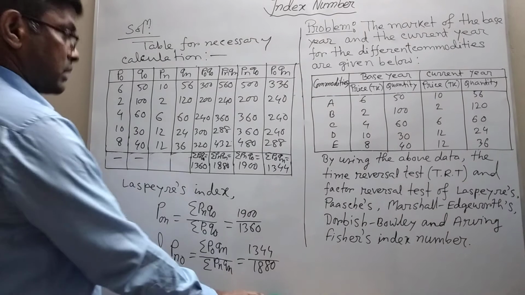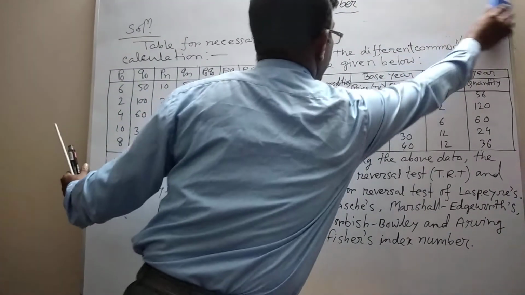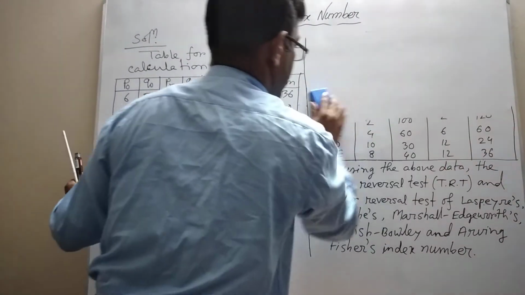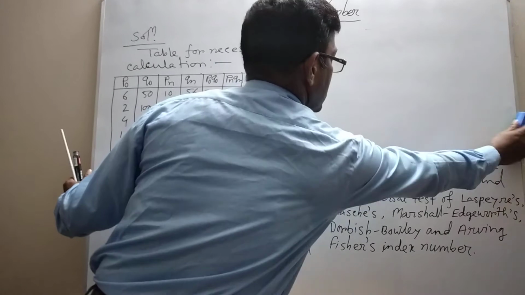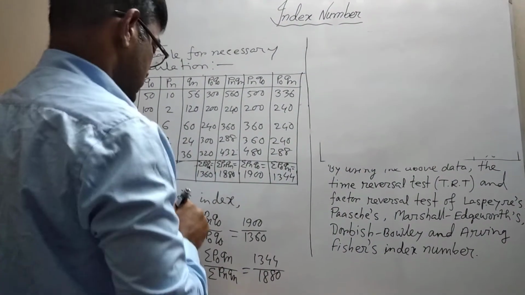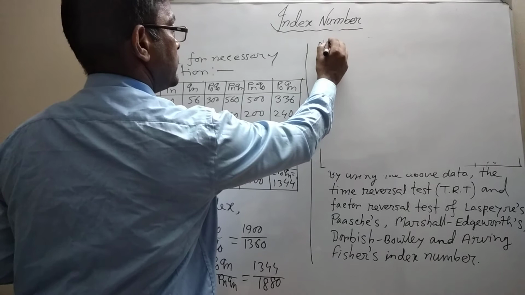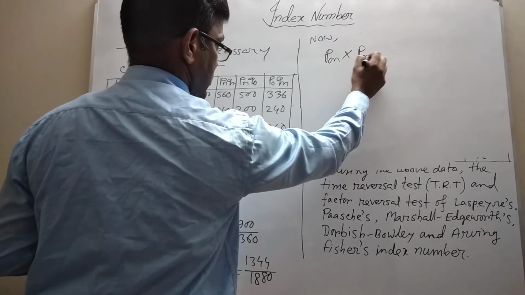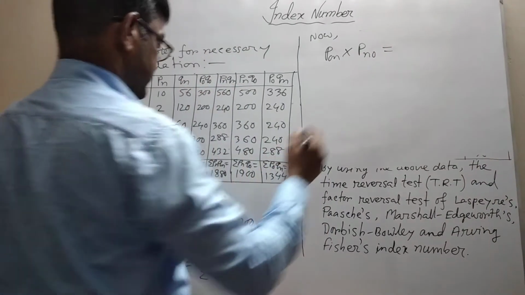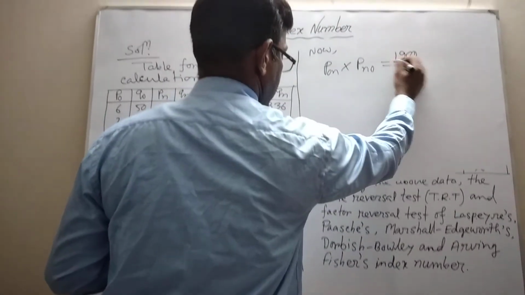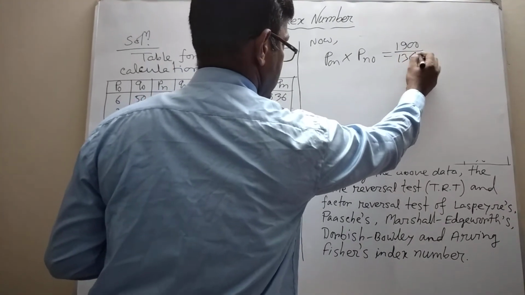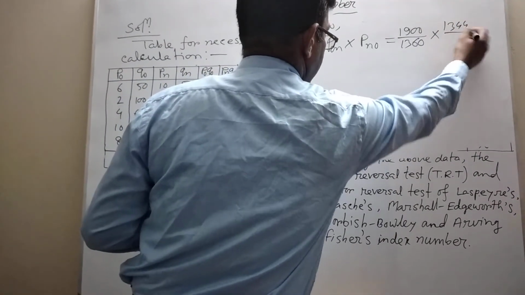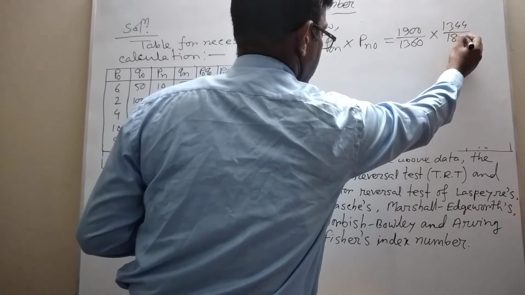Now we can multiply: P01 multiplied by P10 equals 1900 by 1360 multiplied by 1344 by 1880.